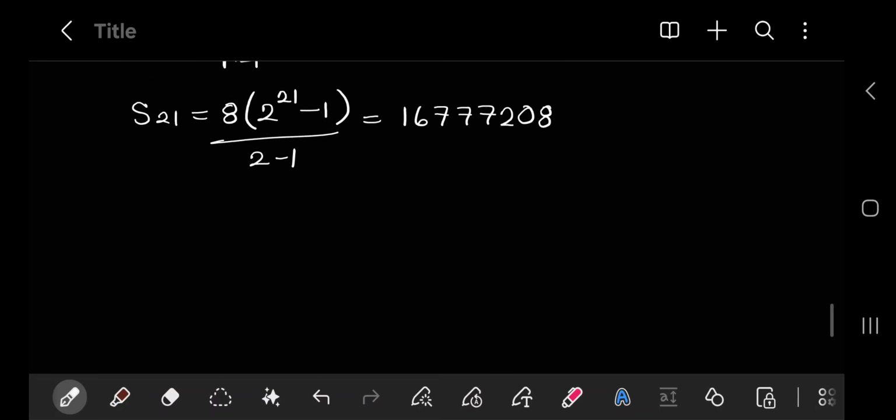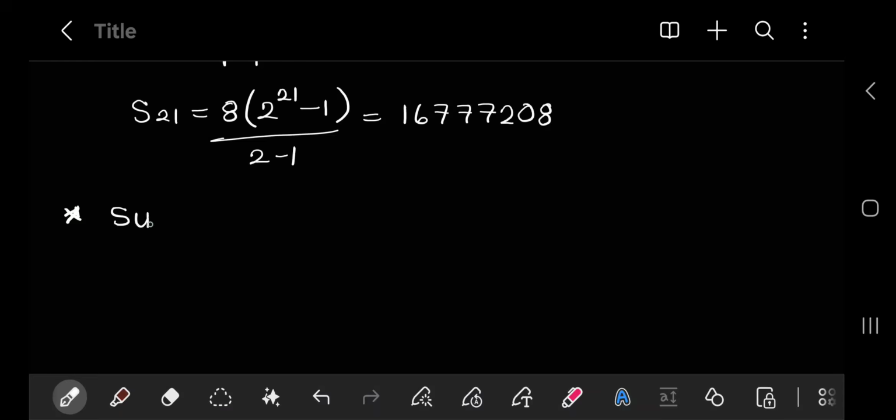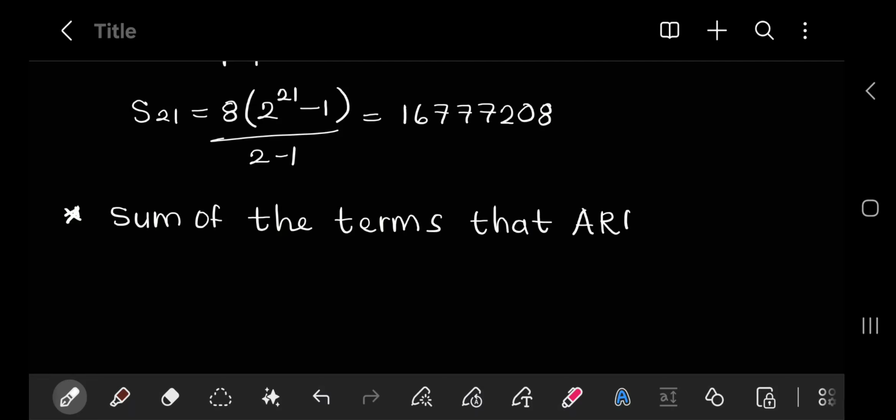The next step is I'm going to calculate the sum of the terms that are not divisible, but they said powers of 4, so that are powers of 4.